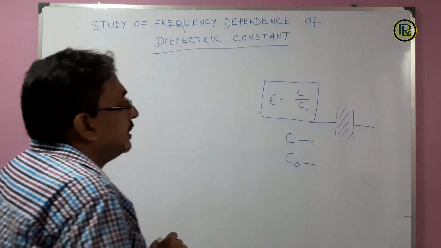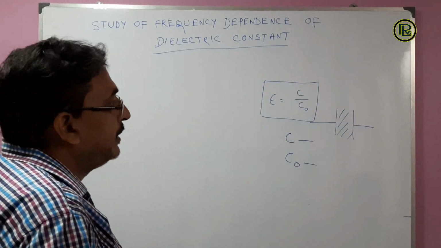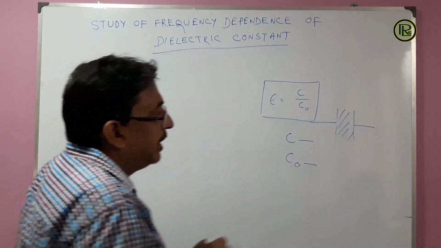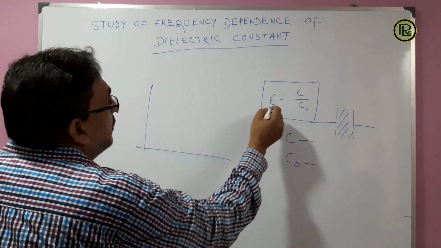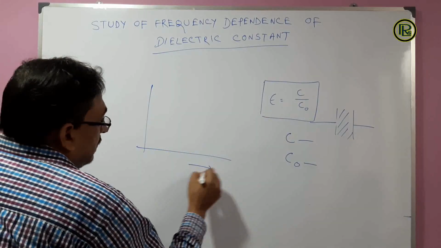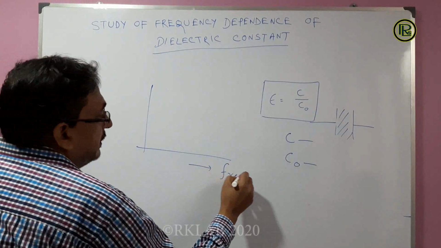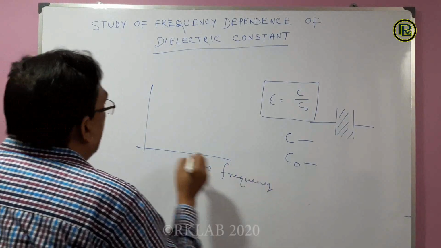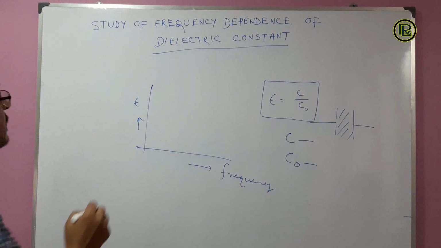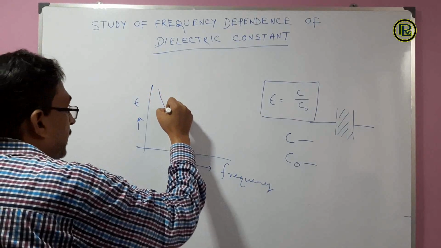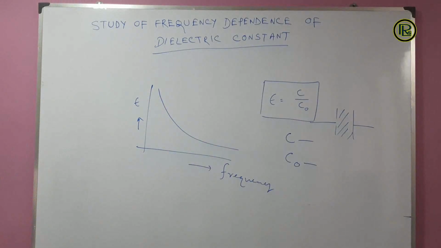Now, the dielectric constant epsilon varies with the frequency of the alternating voltage applied to the capacitor. If frequency is plotted on the x-axis and epsilon, the dielectric constant, on the y-axis, then with the increase of the frequency, epsilon goes down.